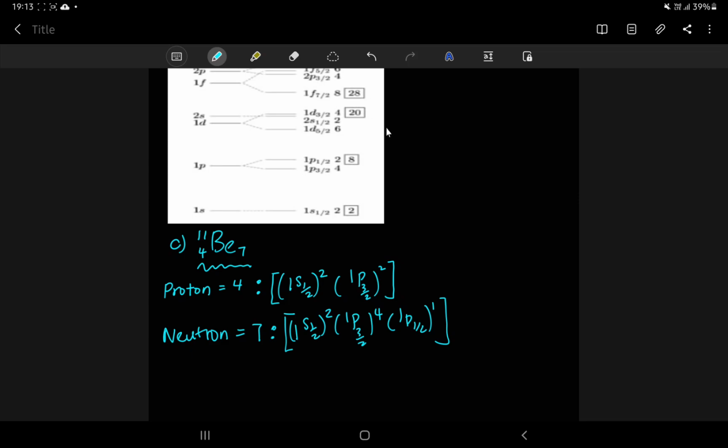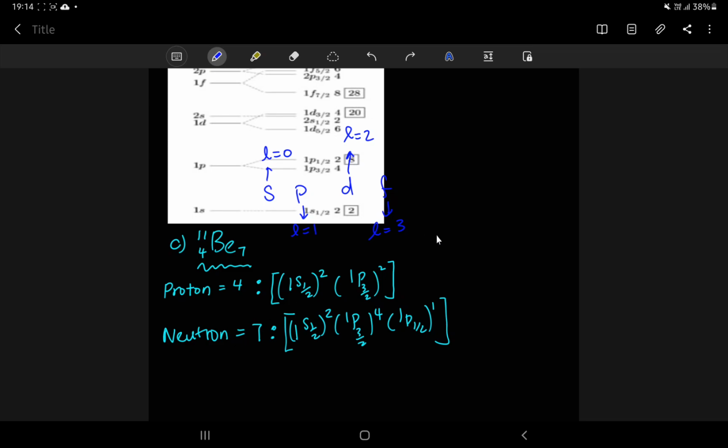If you still remember, our subshells are, oops, let me use a brighter color, S, P, D, F. S is the angular momentum quantum number L equals 0, then L equals 1, L equals 2, L equals 3. Okay, S, P, D, F. So for the P subshell, it is L equals 1.